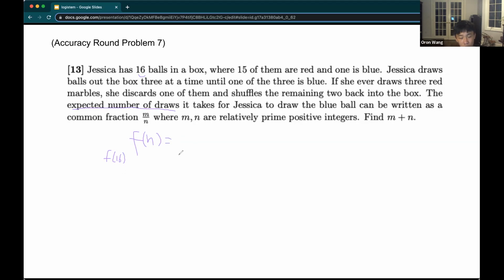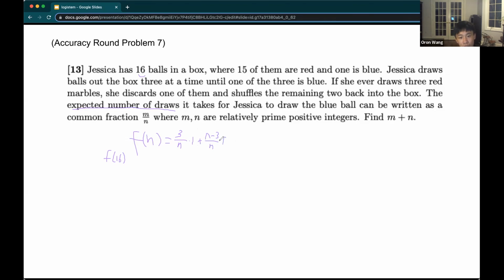So there's n balls total, and she draws three of them. So the chance that she draws the blue ball immediately is 3 over n, in which case the number of draws is just 1. And the rest of the time, the n minus 3 over n chance, she draws 3 red marbles. So then she discards one of them.